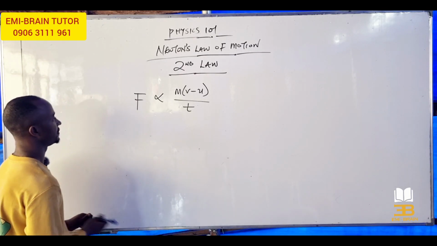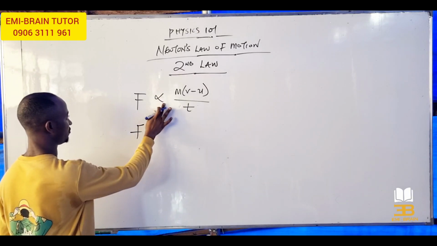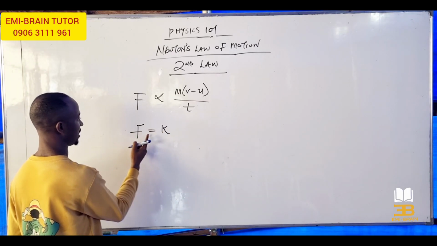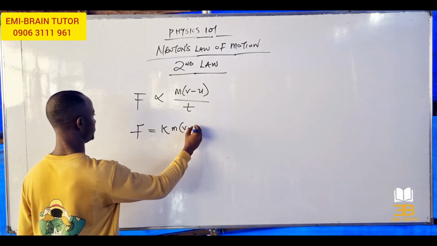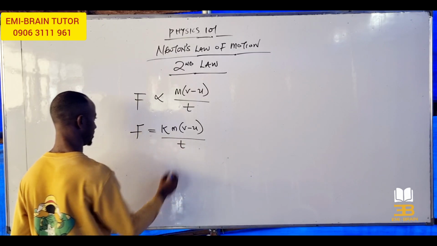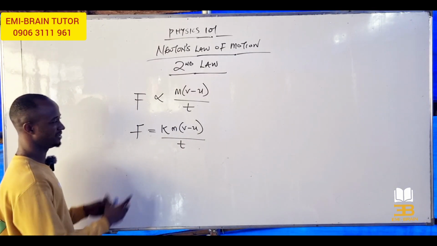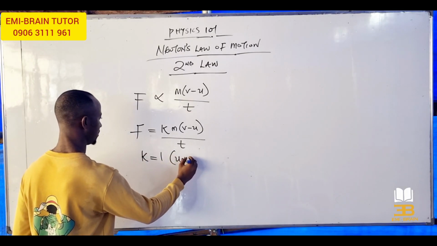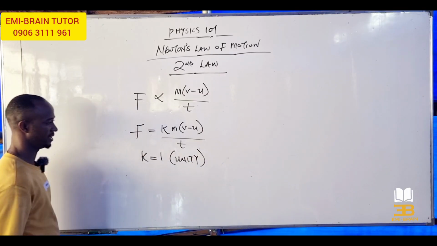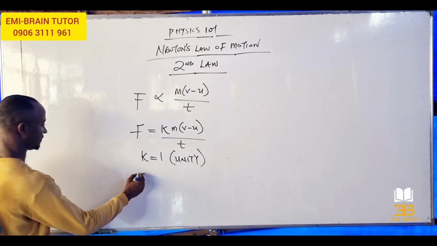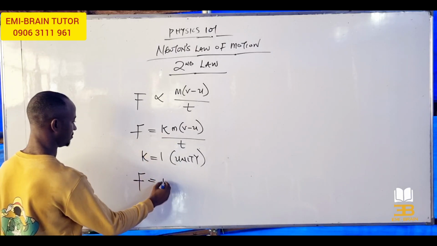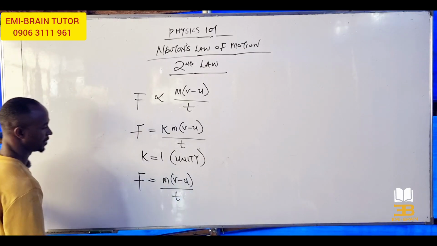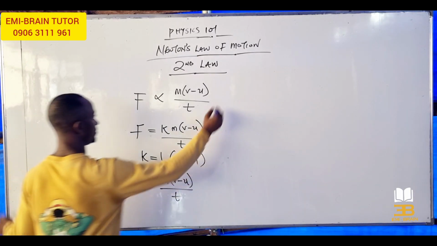Now, if we are to take off this sign of proportionality, I have to introduce an equal sign and a constant. That will give us F equals k m(v minus u) divided by t. For this force to be properly defined, the value of k must be equal to 1, or unity. So if k is equal to 1, my force is equal to mass times changing velocity divided by time.